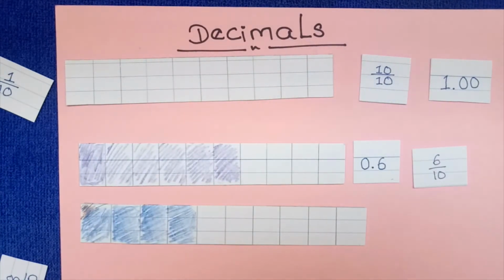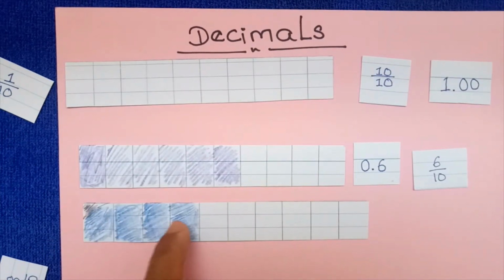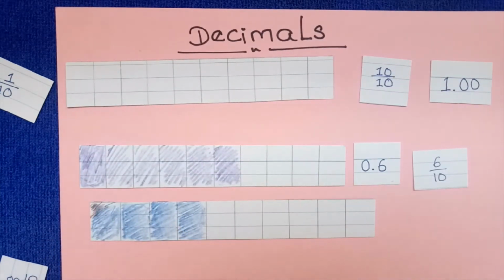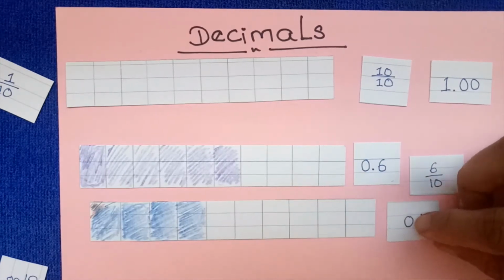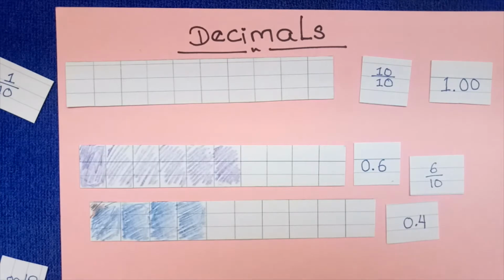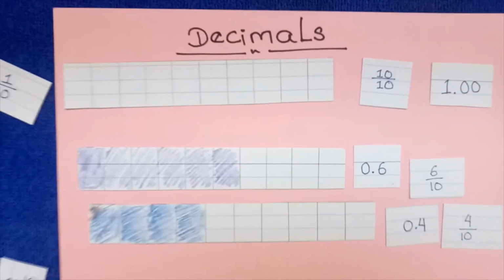Yes, very nice. Another one. 1, 2, 3, 4. Yes. Decimal is 4 tenths. And the fraction is 4 by 10. Yes, very nice. Now you know about that.